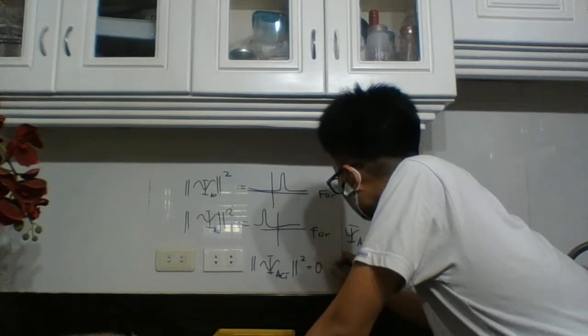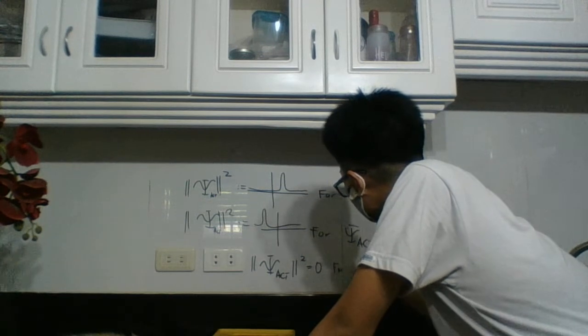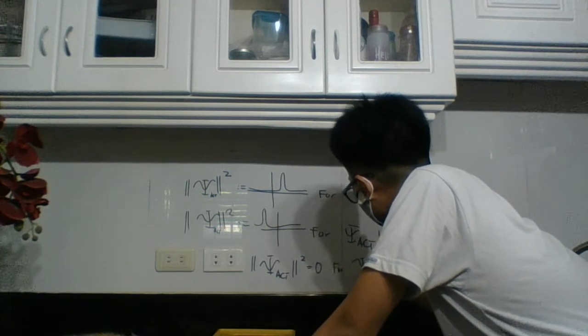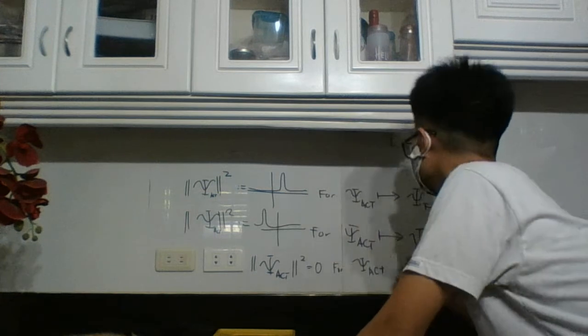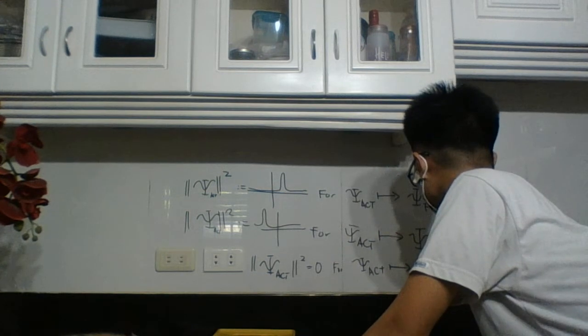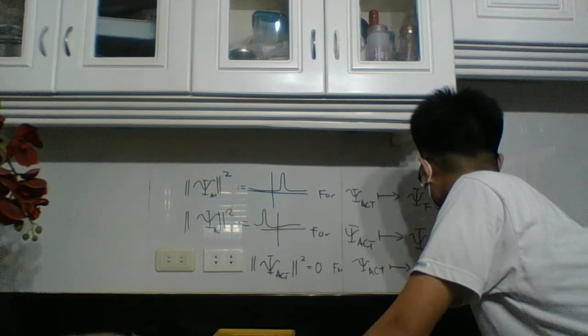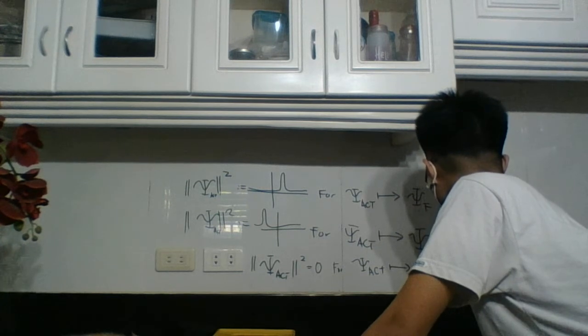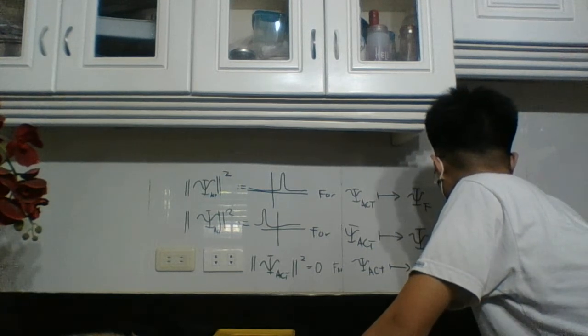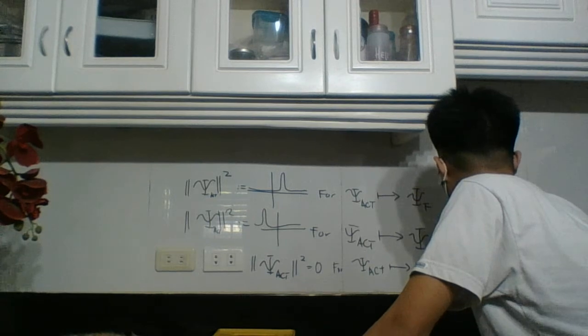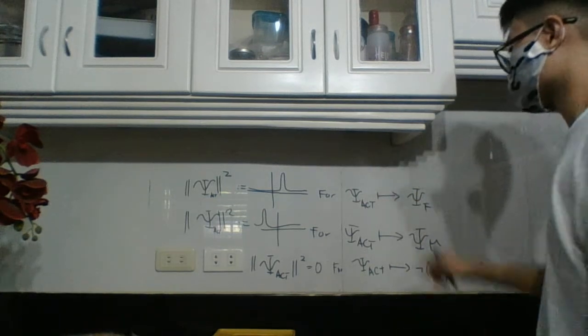Psi actual is equal to 0 for when it collapses onto, I'll negate it, neither psi m or psi f. So there are 3 possible states here.